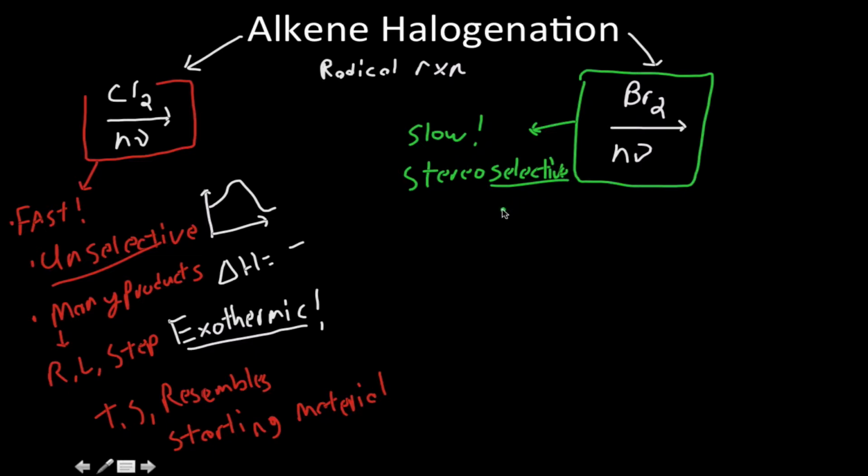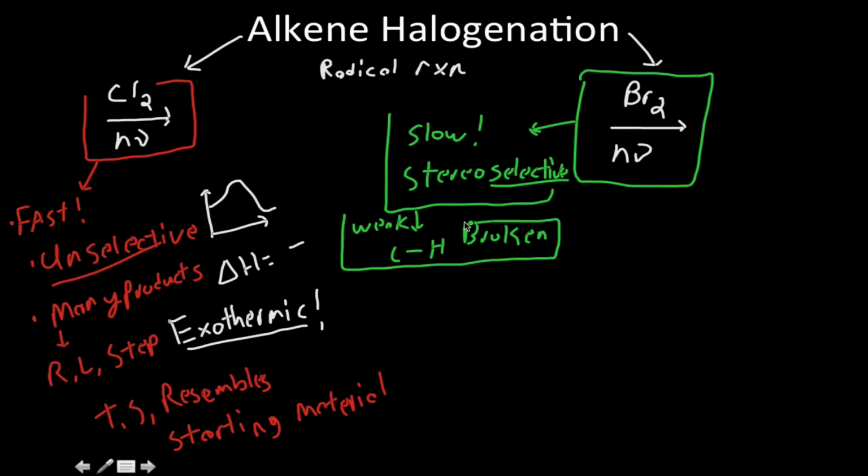That's the thing though, it's always going to break the weakest bond. Weak carbon-hydrogen bonds will be broken. I'm assuming that if you've gotten this far, you understand that allylic are the weakest, then tertiary, then secondary, and then primary carbon-hydrogen bonds are really, really strong.